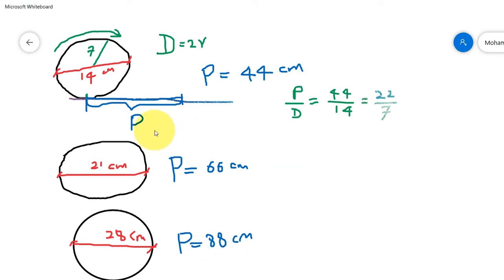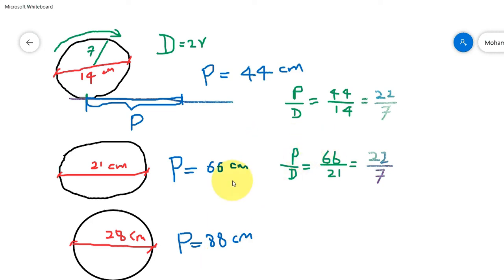Similarly, if I repeat the same thing here, P over D: my perimeter is 66, my diameter is 21. Here I can simplify by 3. If I simplify 66 by 3, I'll get 22. If I simplify 21 by 3, I'll get 7.